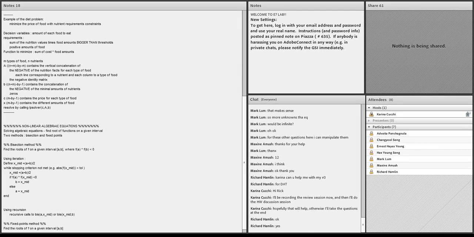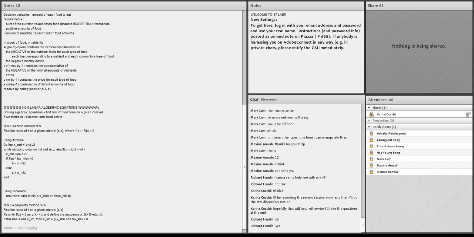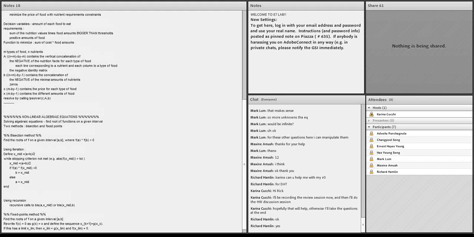So the principle of the fixed point method is that you will rewrite f of x equals 0 as g of x equals x, where you define g to be a new function, and you define the sequence xk by xk plus 1 is equal to g of xk. And then if this sequence has a limit xlim, then you know that xlim is equal to g of xlim, and this means that f of xlim is equal to 0, and so xlim is a root of f.